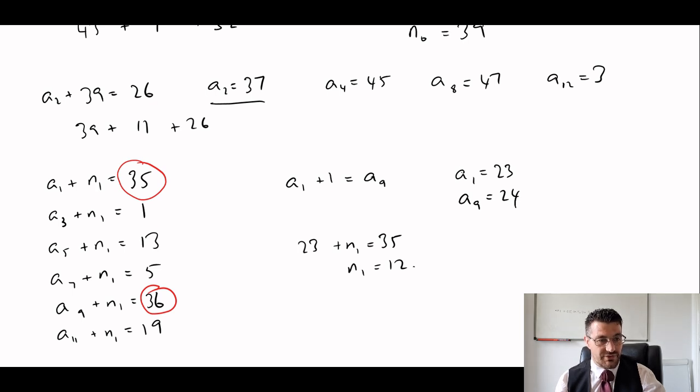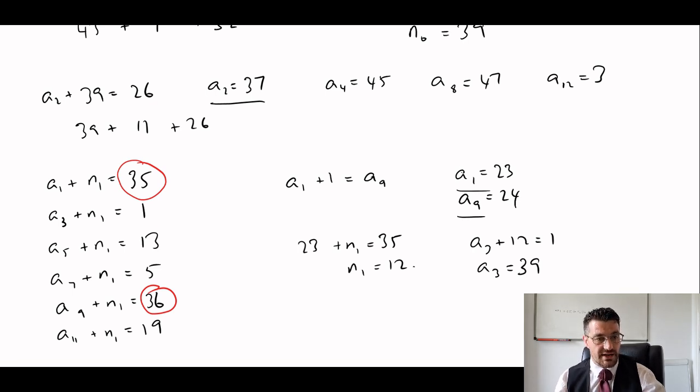Well, a3 plus 12 equals 1 modulo 50. That means that a3 must be equal to 39. Again, modulo 50, right? Always in the back of our minds is this modulo 50. I'm not writing it every time because it'd get tedious.